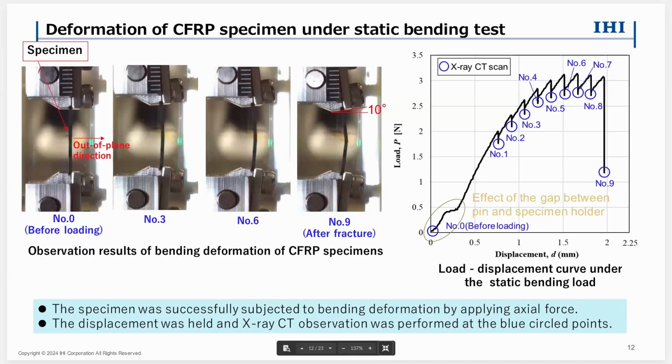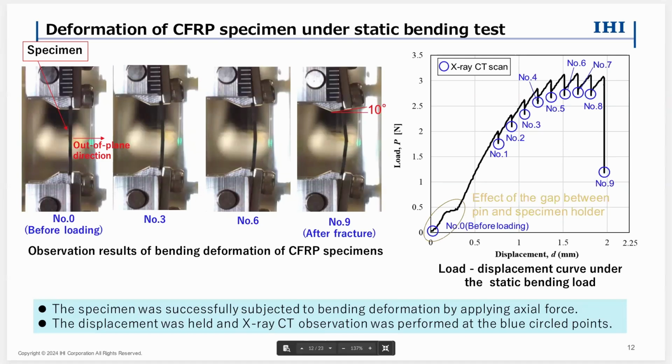This slide shows the deformation of the CFRP specimen under static bending load. The left figure shows the state of the specimen before loading. By applying the compressive load, the specimen deformed in the out-of-plane direction here.